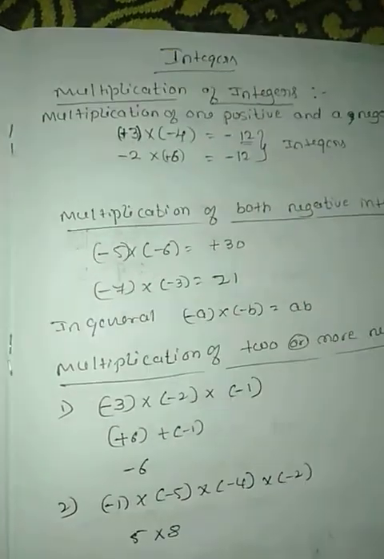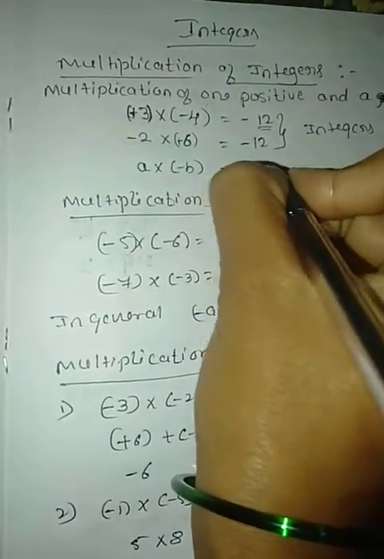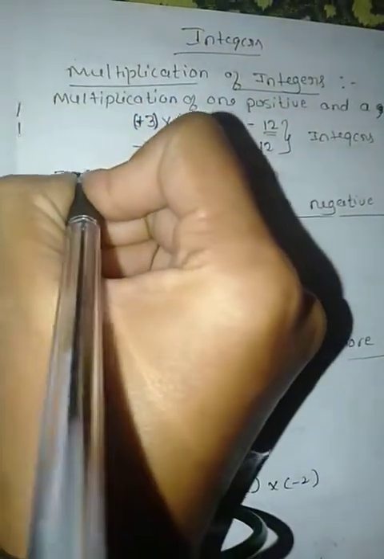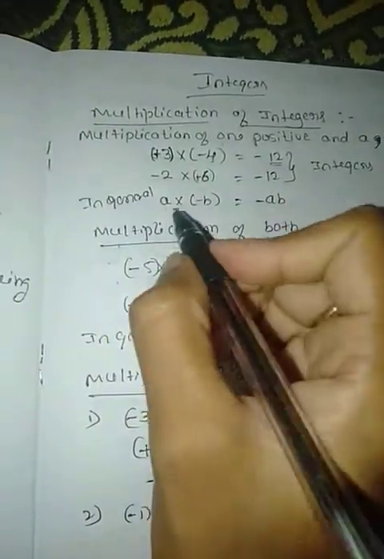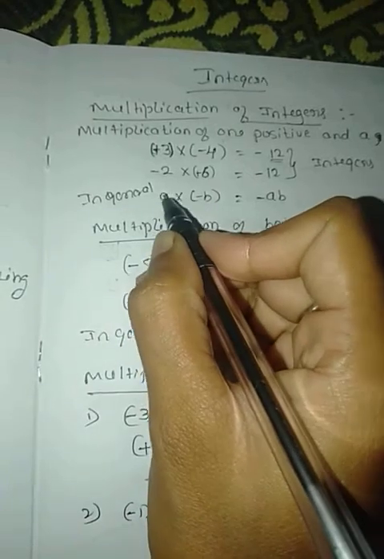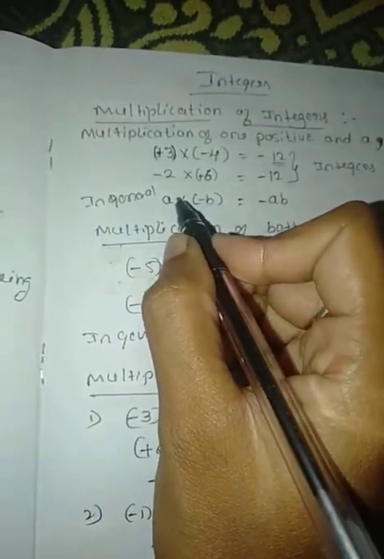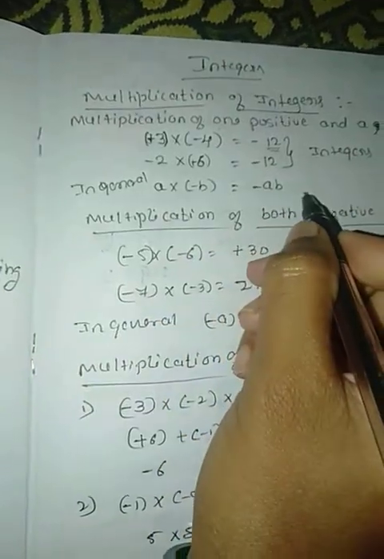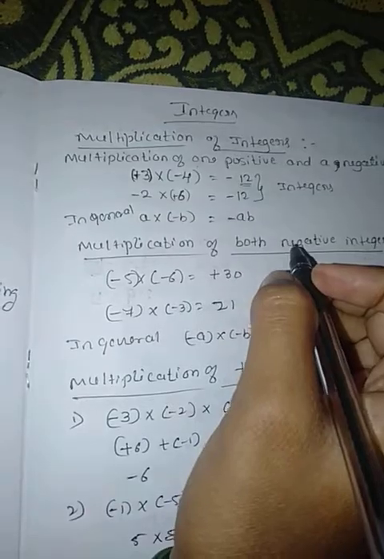In general we can write it as a into minus b is equal to minus ab. First we multiply the sign, plus into minus is minus, and then we multiply the numbers. a into b is equal to ab. This is multiplication of one positive and one negative integer.